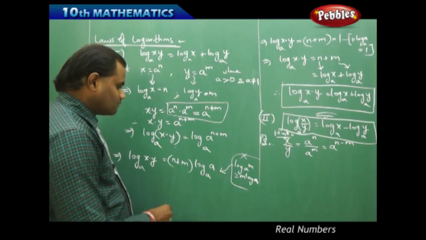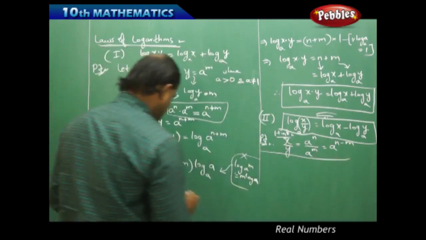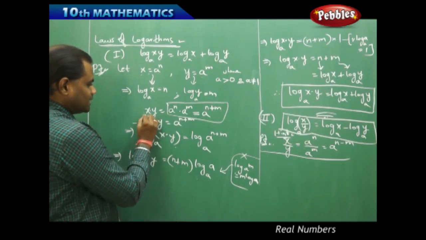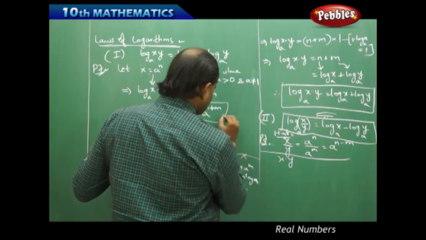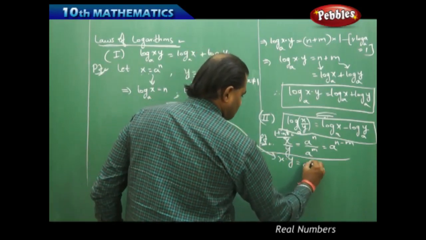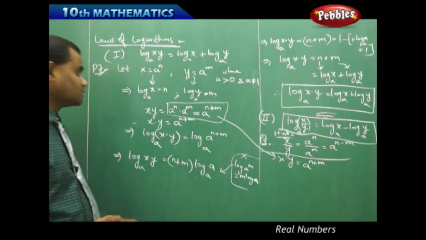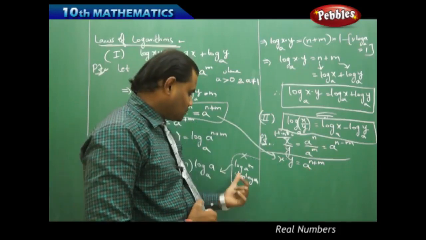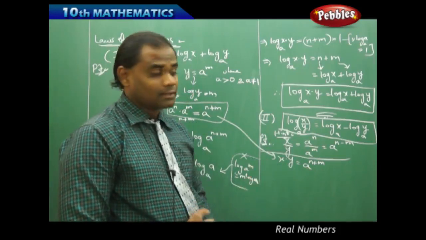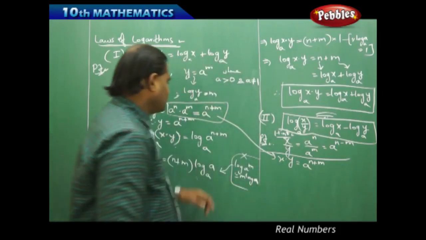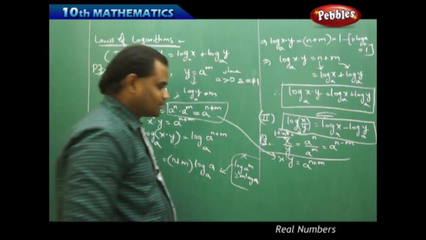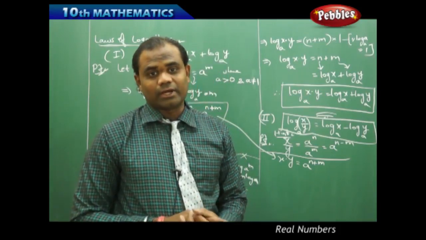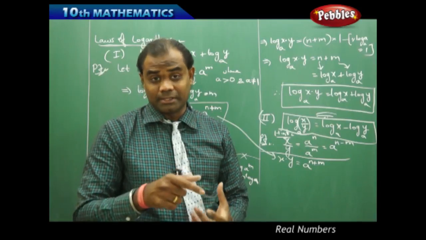So let's see just with one statement how I get this. Now I take x into y as a power n plus m, through which I'm going to derive this part. I'm going to prove this directly without using the formula log a power m is m log a. So when x into y is a power n plus m, then I understand through the property that when x is a power n, then log x to the base a is n.